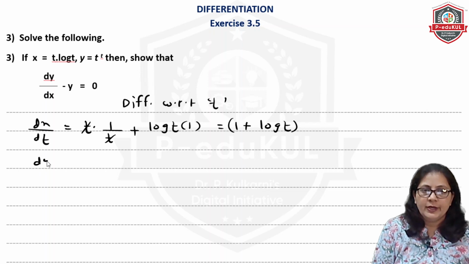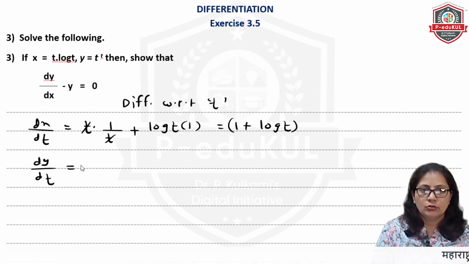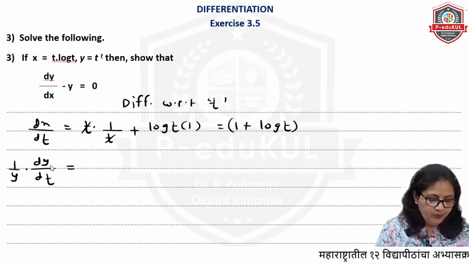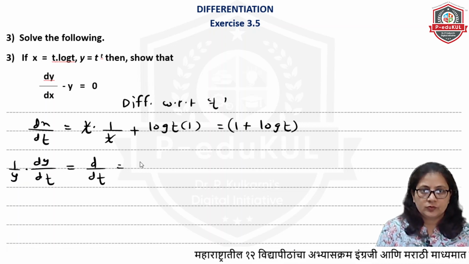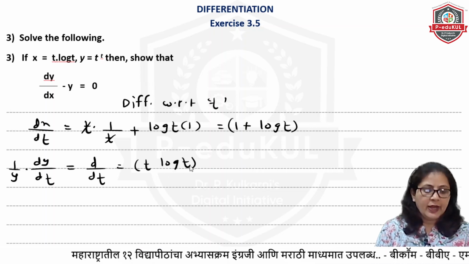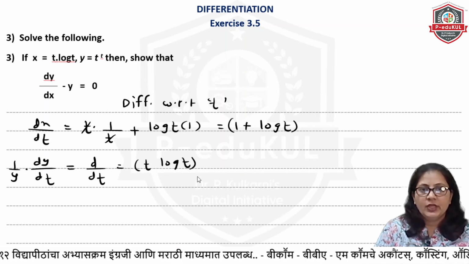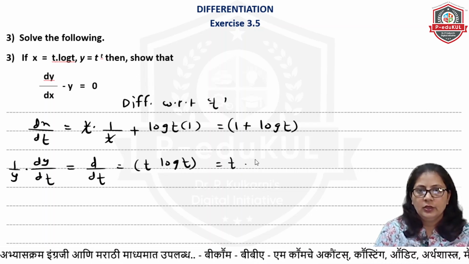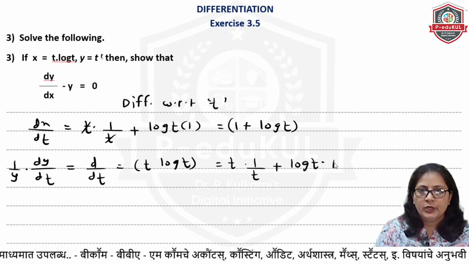Now dy by dt is equal to what? t raised to t. Directly we cannot do this. So that will be 1 upon y dy by dt, and then this will be d by dt of t log t. So here we are actually taking the log for this particular function, and then this comes as t into 1 upon t plus log t into 1.